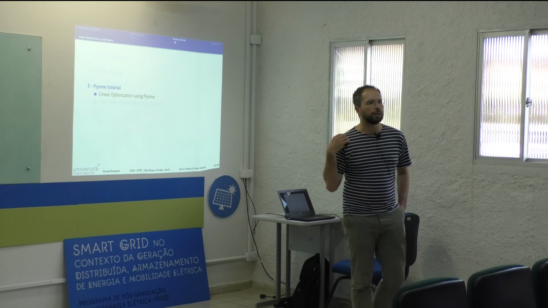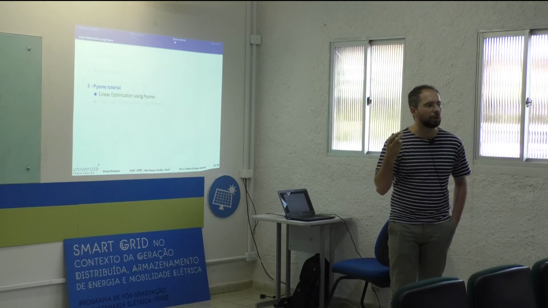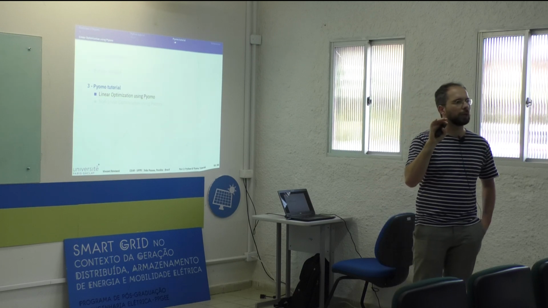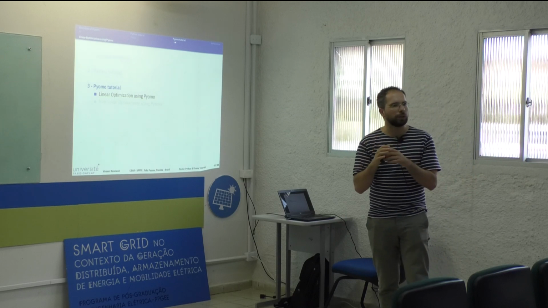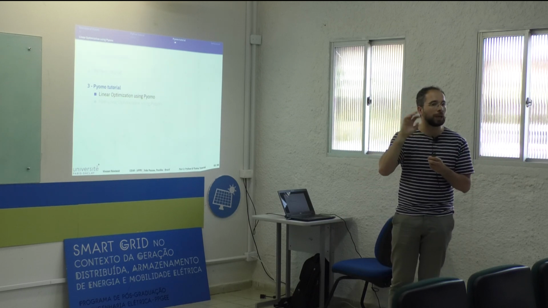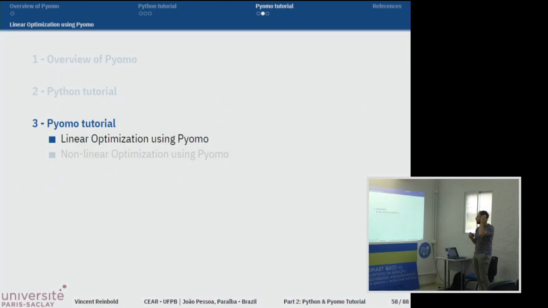So this part, the PyMO tutorial, is divided into two parts. We first look at simple examples which are linear, okay? So the first family of classes of problem we saw yesterday and the day before. And in the second subsection, we will see one example, maybe two, of nonlinear problems.